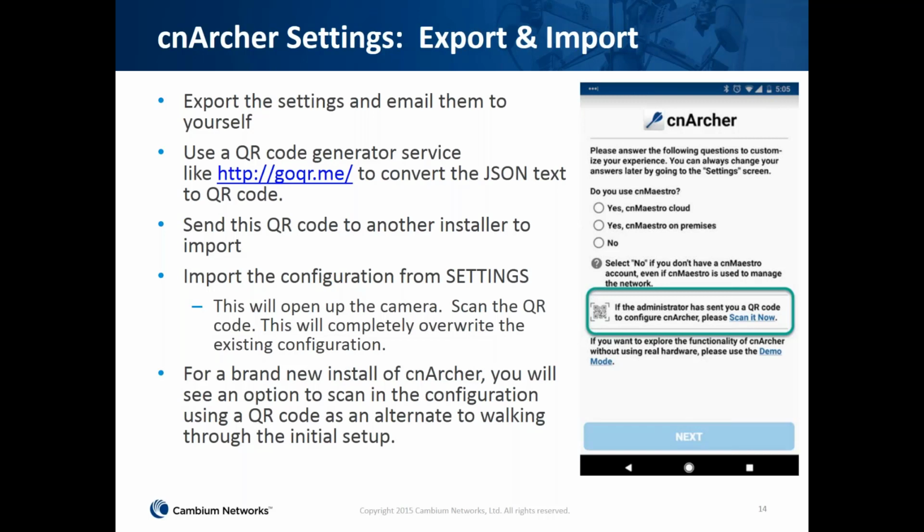If you send that to your other installers, then in their cnArcher app, if they click on import, their camera app will open up. They can scan the QR code and all of the settings will be inherited.